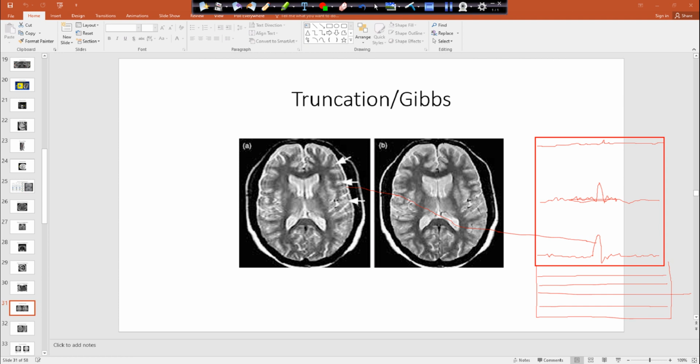Or increase your NEX. Really the only remedy. The white lines, right? Yeah, these white lines, these things right here, streaking across. These ripples. So Gibbs, also called truncation.